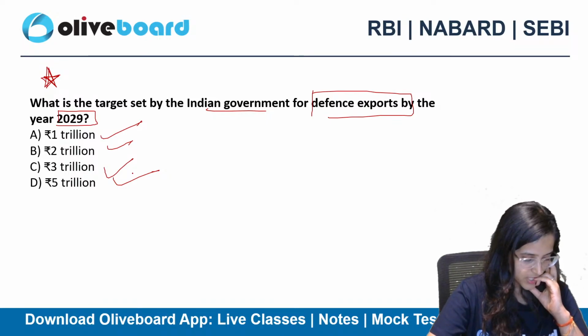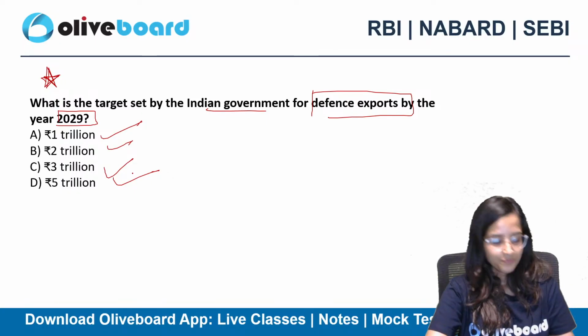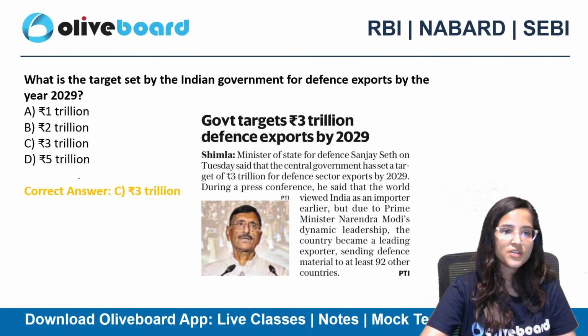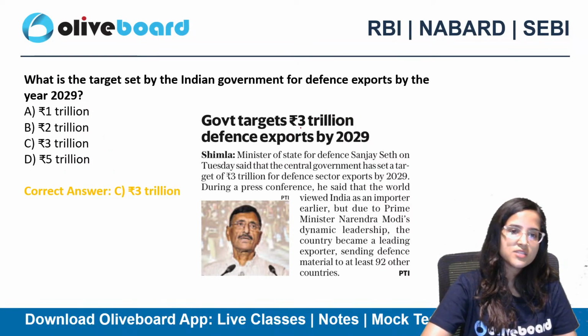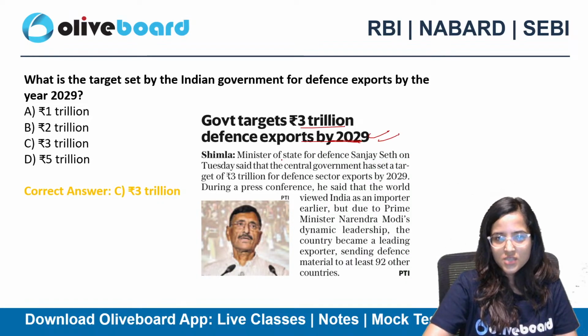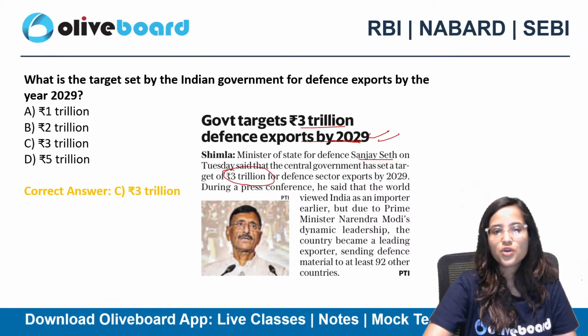Bhakti Singh 3 trillion, Atithi 3, Chetari Singh D, maybe 5 trillion. Anyone else? The correct answer is 3 trillion. So you can see here government targets 3 trillion defense exports by 2029. Okay, so Minister of State for Defense Sanjay Seth on Tuesday said that the central government has set a target of 3 trillion for defense sector exports by 2029.